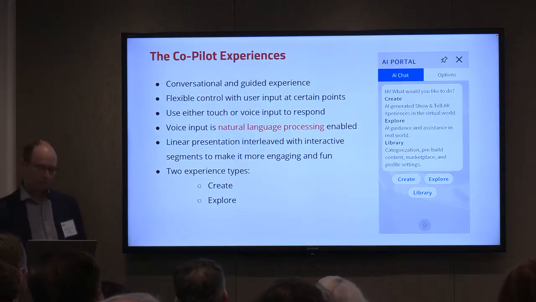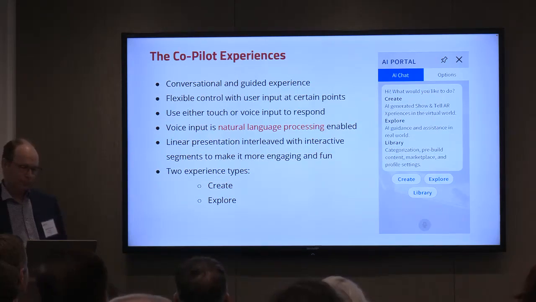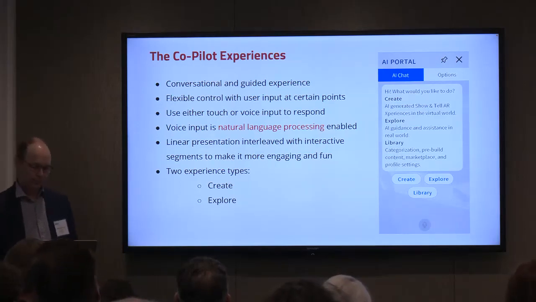Right, so when we're designing this co-pilot experience, we have tried to mimic how you would have a conversation with a real human assistant. So we want it to be conversational. It should be guided.